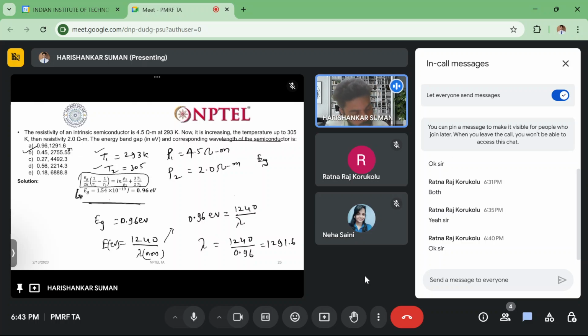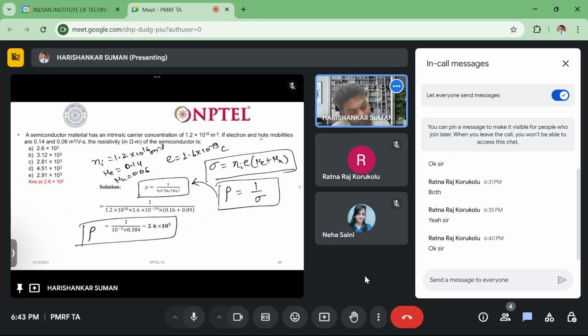T1 is given, T2 is given, rho 1 is given, rho 2 is given. Put these values in this equation. After simplification, you will get the band gap of the material. So this is the formula.